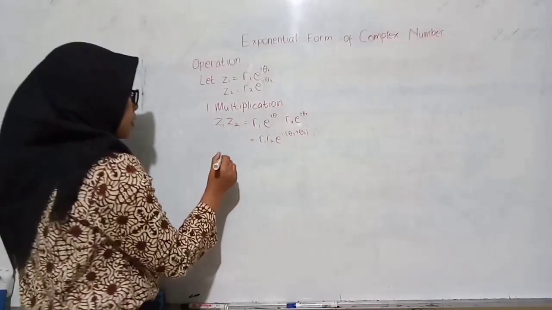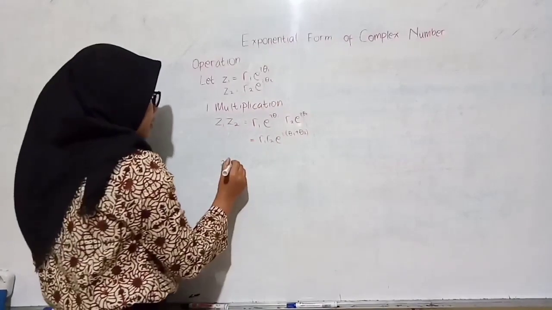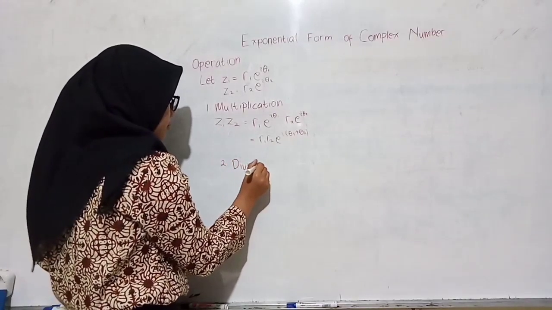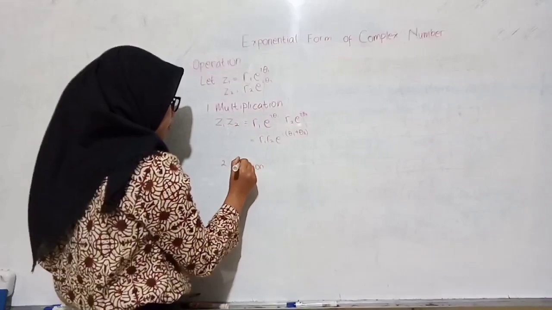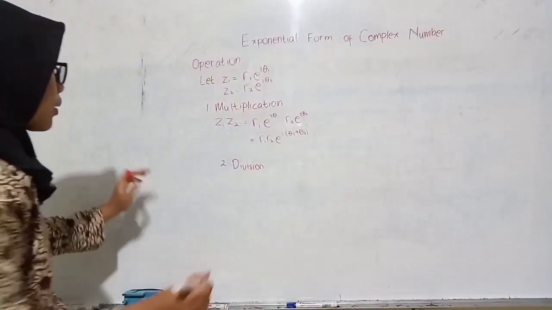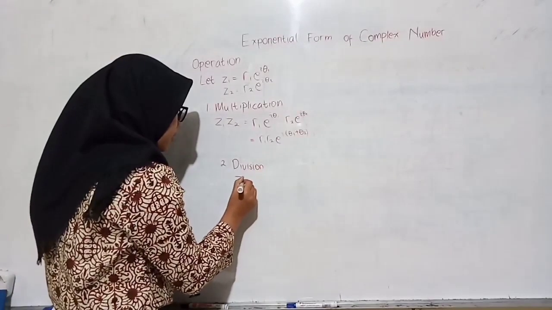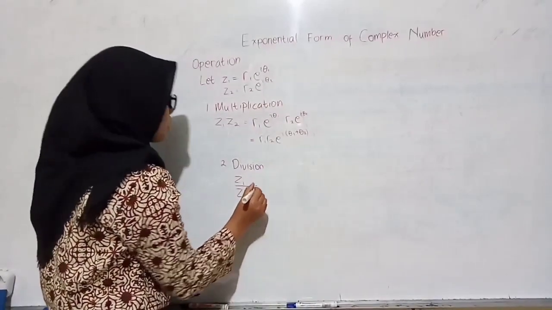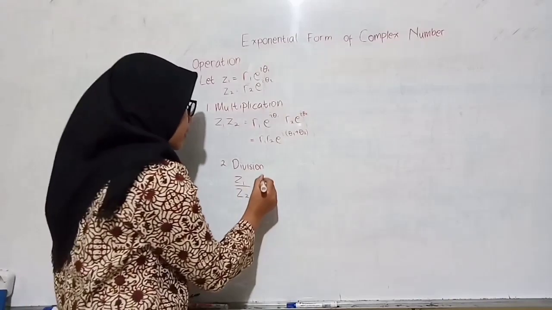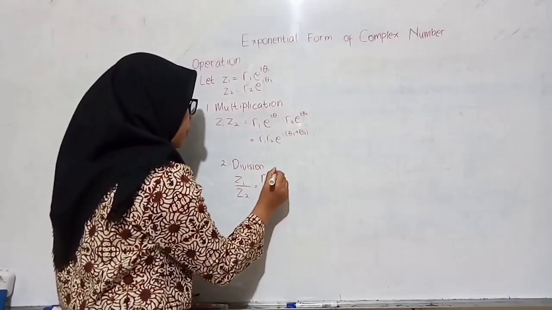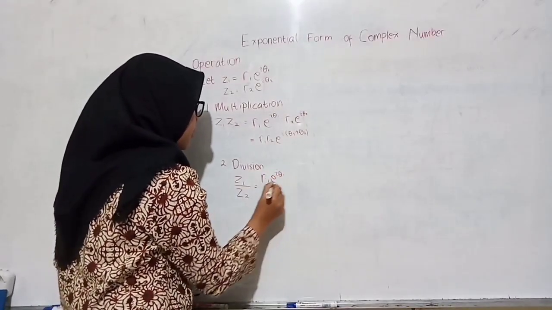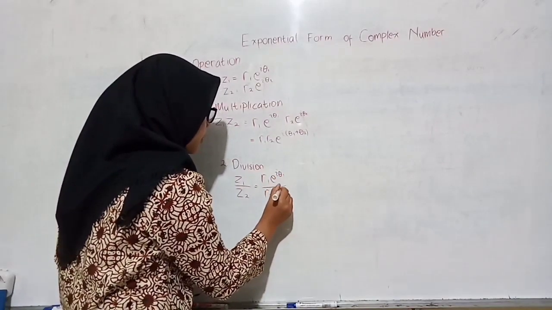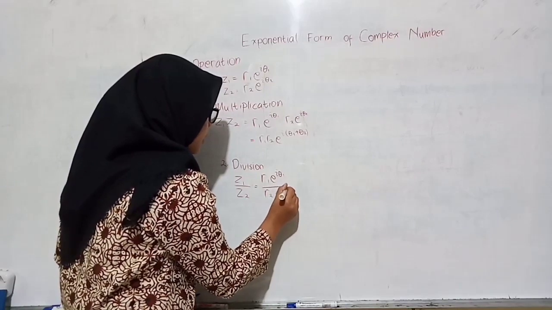And the second is division. When we divide Z1 by Z2, this equals R1 e power i theta 1 over R2 e power i theta 2.